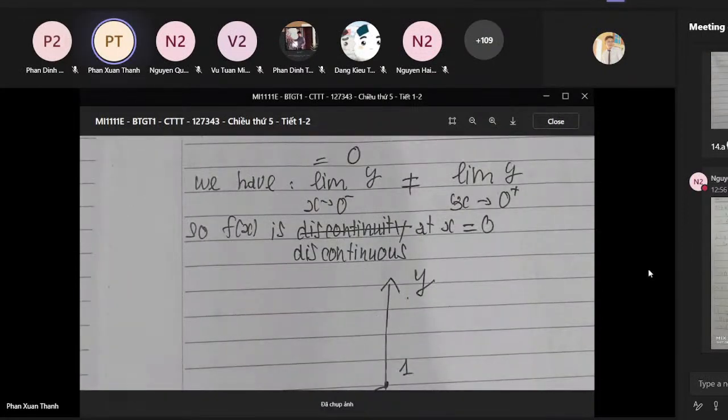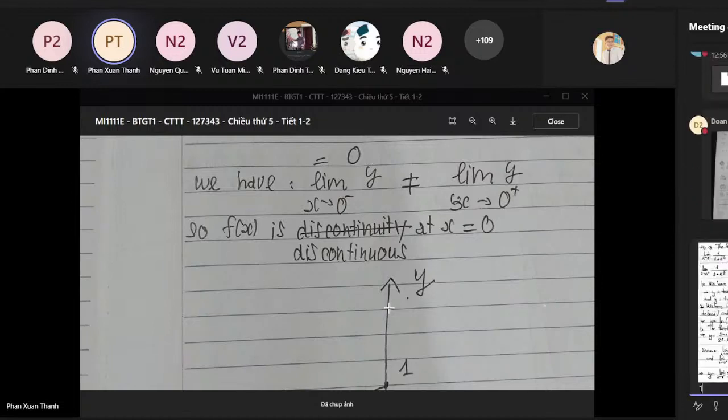So I think for this exercise, in the first step, we should talk about the continuity of f when x is not 0. Okay, so the first part is you have to locate the discontinuity. Maybe I give you the solution for this exercise.